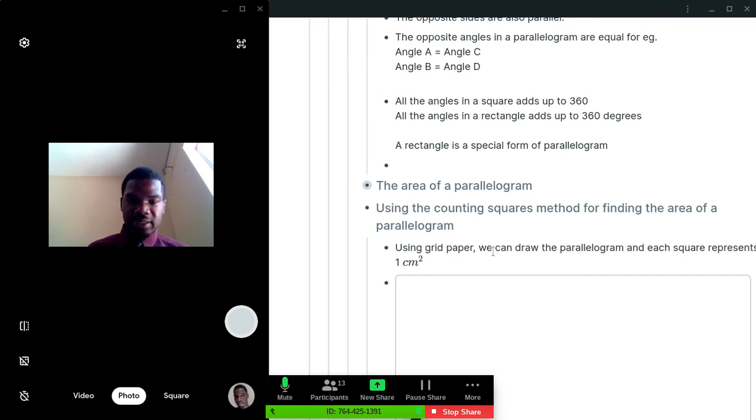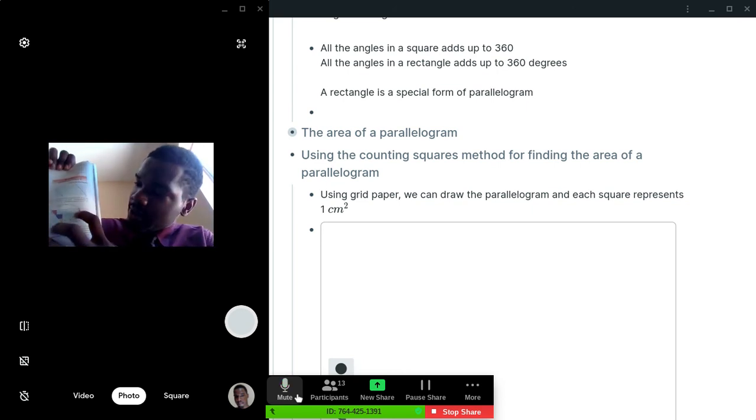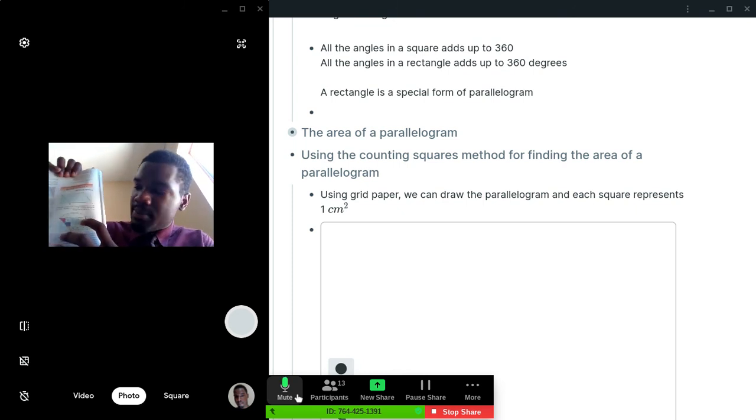Alright, let me give you some assistance. Are you ready now, Jude? Yes, sir. So count with me. This is the first square. It's represented by 1, right?